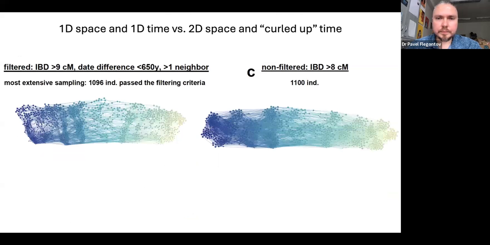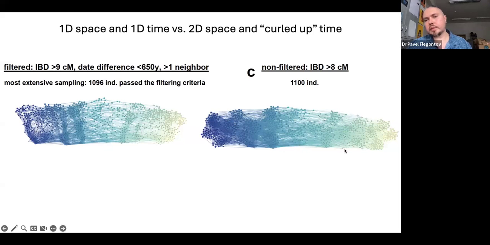For example, here, when we don't filter the IBD segments in any way except for taking long IBD segments longer than 8 centimorgans, we can see that we resolve clusters corresponding to each simulated deme.